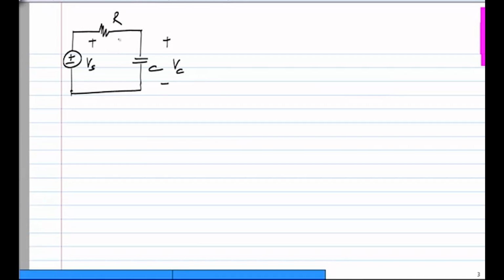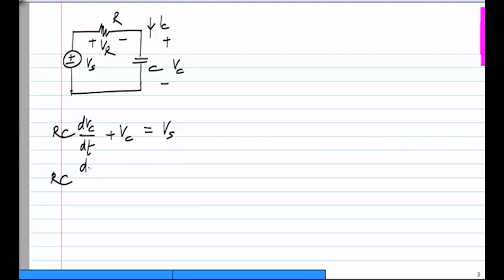Now let's identify different possible variables. I have marked Vc, the capacitor voltage, Ic, the capacitor current, and Vr, the voltage across the resistor. Now we have already seen that we can write the differential equation for this circuit in terms of any of these variables. If we write it in terms of Vc, this is the differential equation.